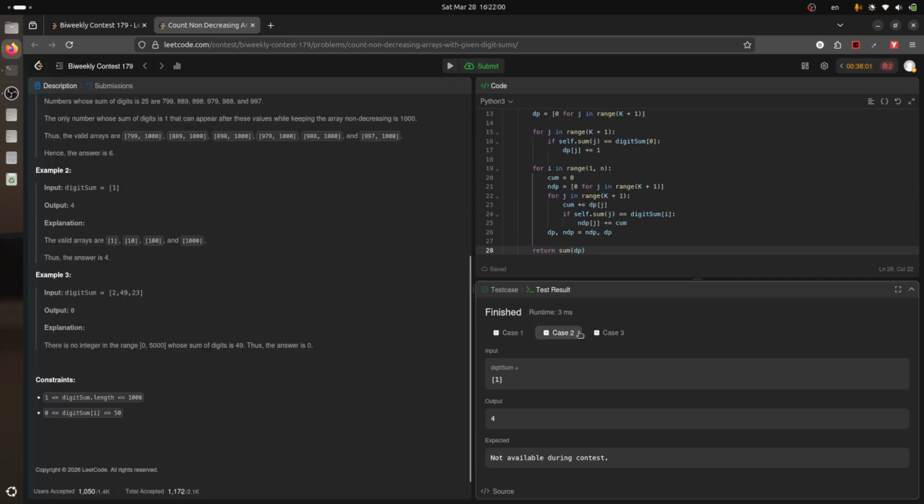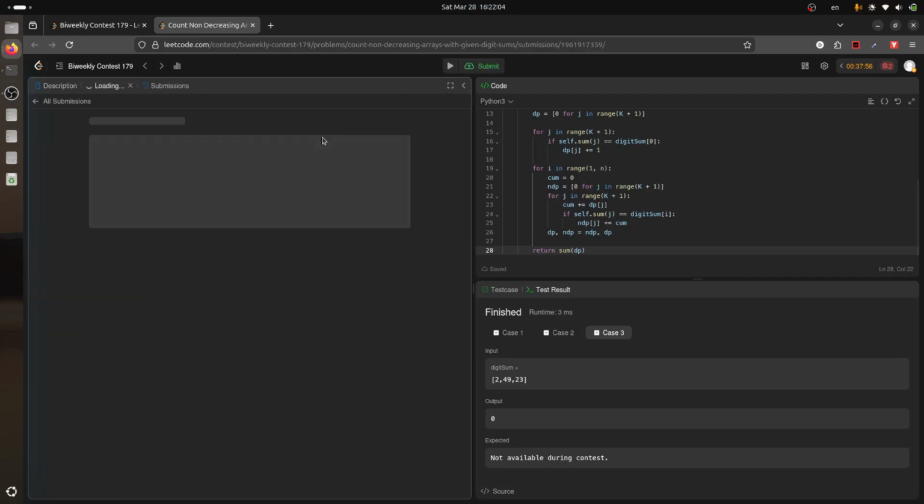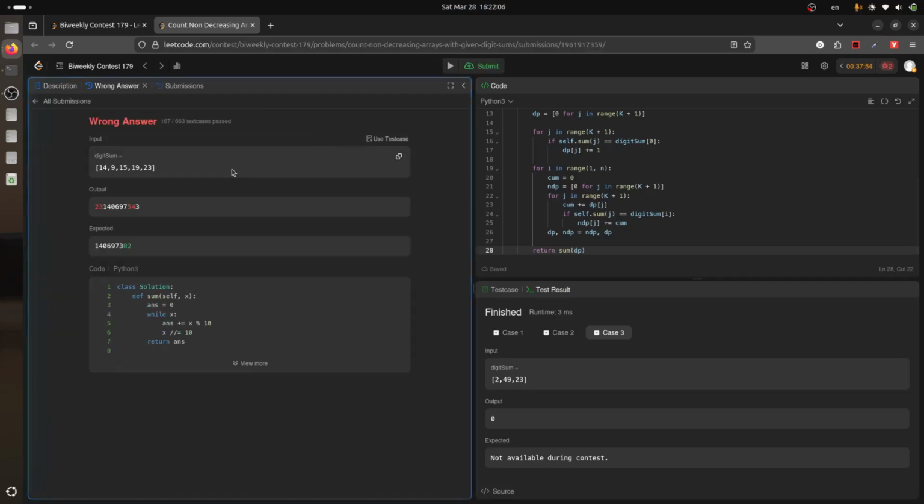Six, 4, 0. Let's go. Oh shit, oh, modulo. Okay, I forgot about that completely. That's a wasted submit, but okay. ndp[j] plus, percentage mod.